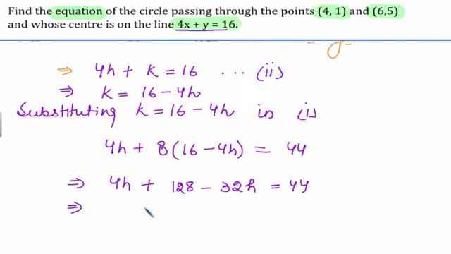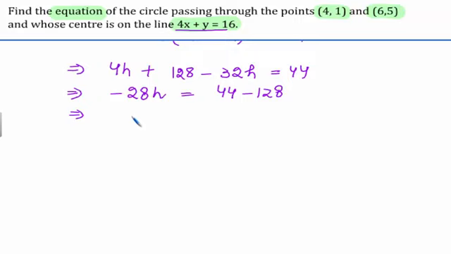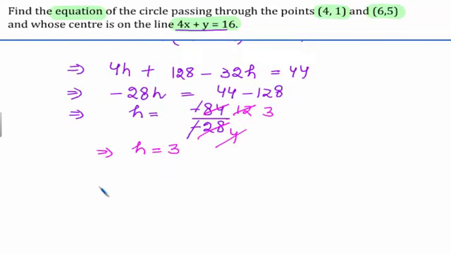Now this implies that minus 28h is equal to 44 minus 128. So this implies h is equal to 44 minus 128, which is minus 84, over minus 28. Now cancelling the negative sign, 7 4s are 28, and 7 into 12 gives 84, 4 3s are 12. This implies that h is equal to 3.